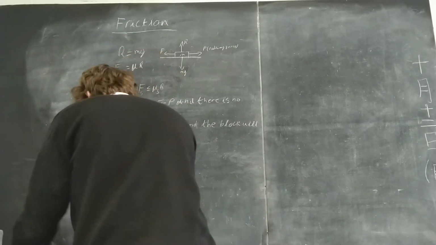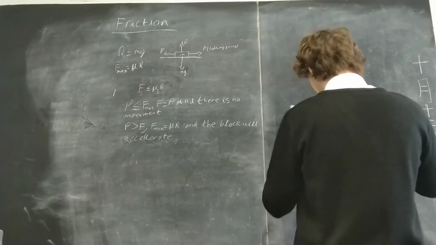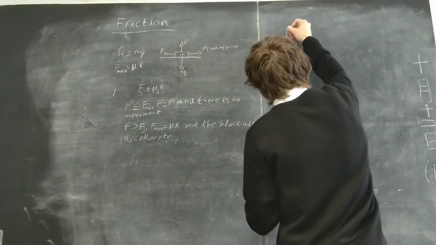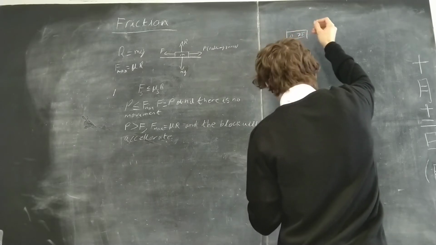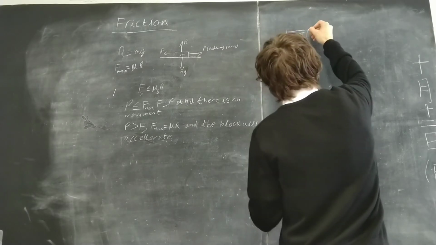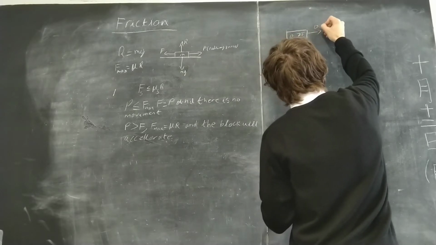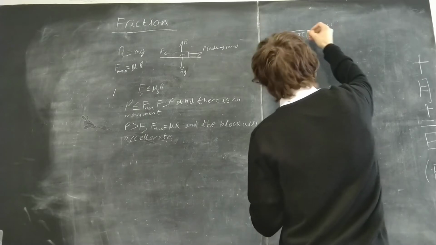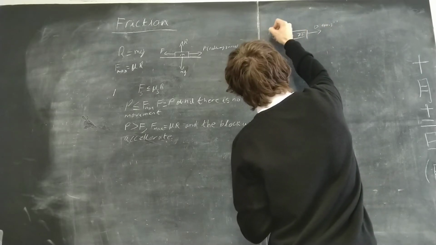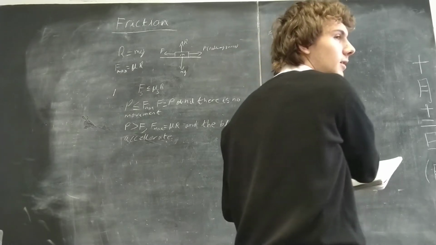So we have a block of mass 0.75 kilograms, and it's getting pulled with a force, moving at 0.4 meters per second. Friction always acts opposite to movement.